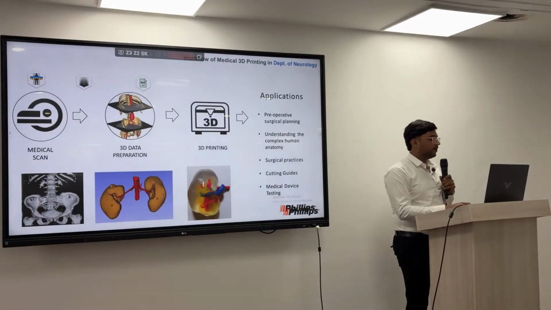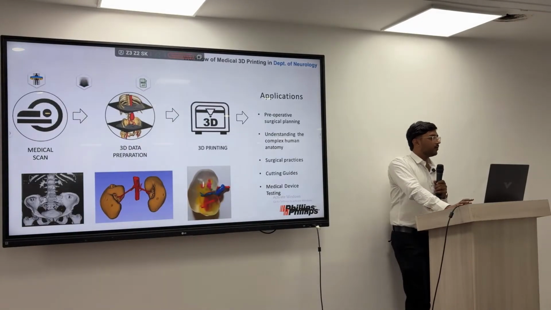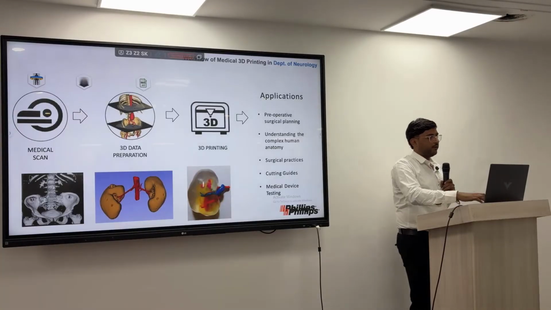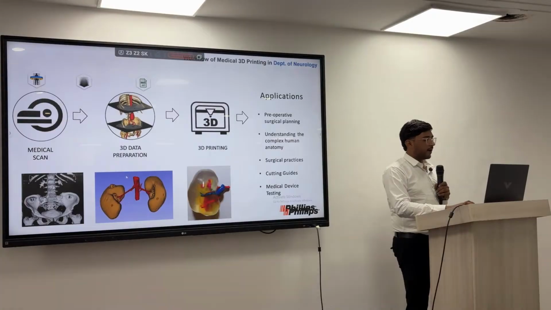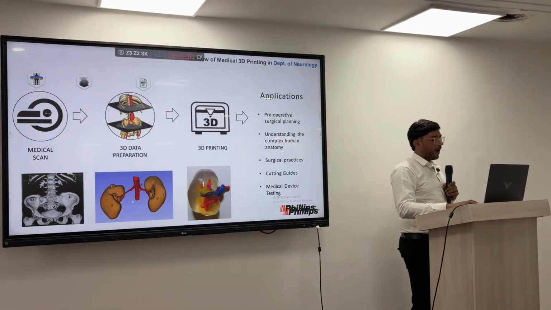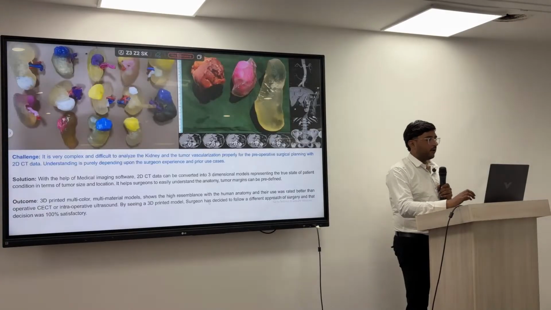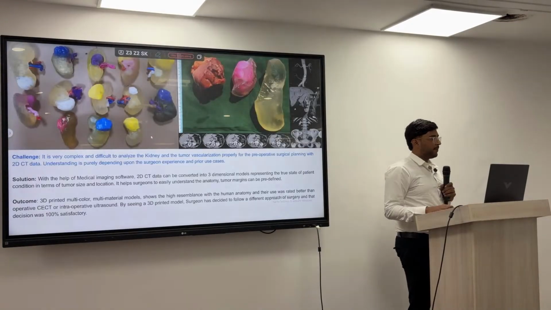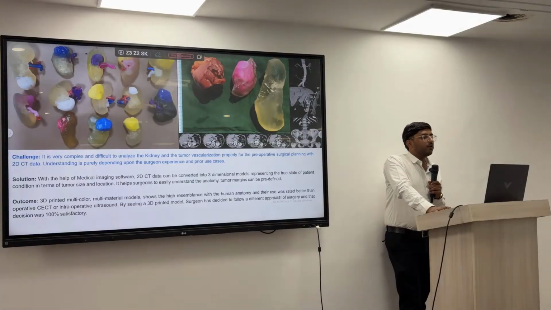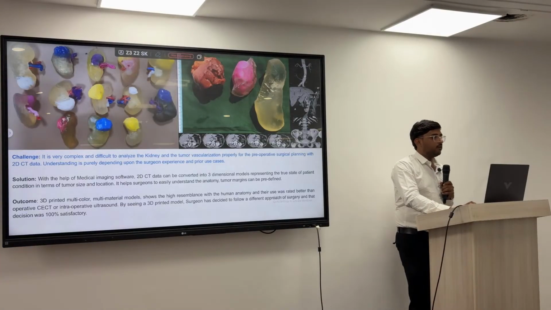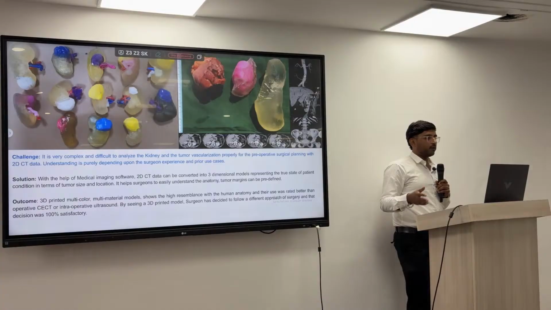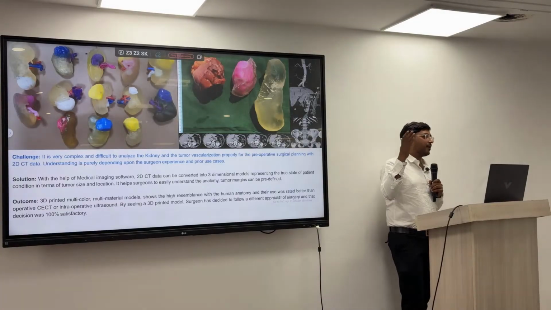So we started with scanning, MRI data, simulation and DICOM data. We created a mimic of the anatomy. After the anatomy, we created the printed model, and multiple parts were printed for that surgery. You can see multiple trials done by the doctor on how to save the remaining kidney.